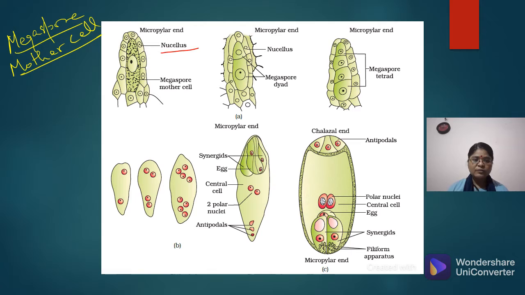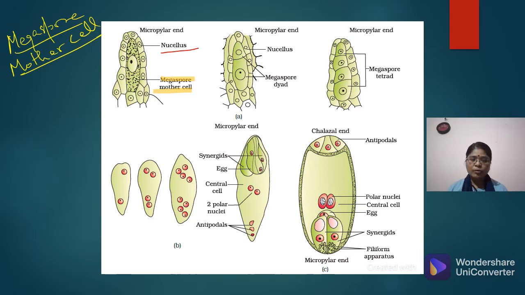So one of the cells of the nucellus, as you can see here, becomes quite enlarged, filled with cytoplasm, and it is written also megaspore mother cell, and it undergoes meiotic division.